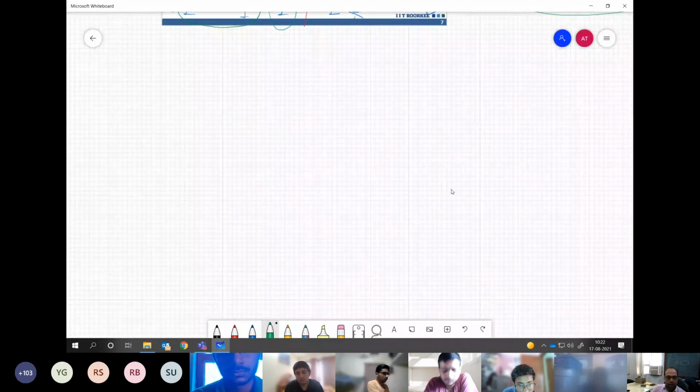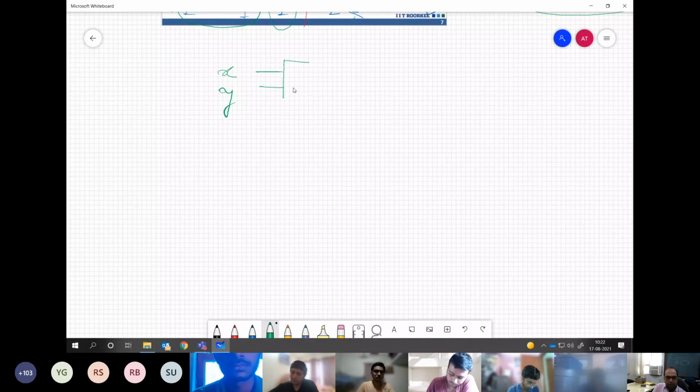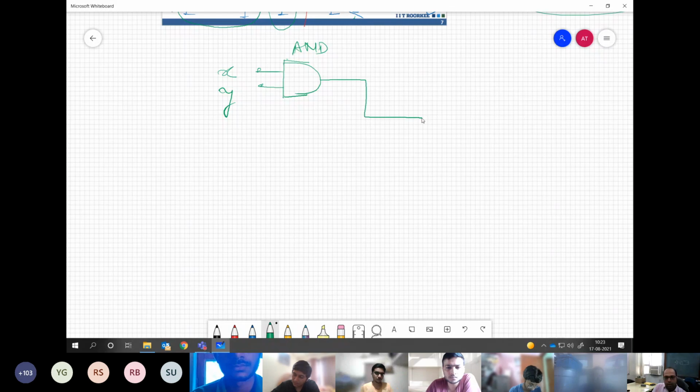Let us say first you realize the last two terms. So you can write x and y, and of course the operation happening over here is AND, because both have to be true, correct? So this is giving one condition, these two combined.